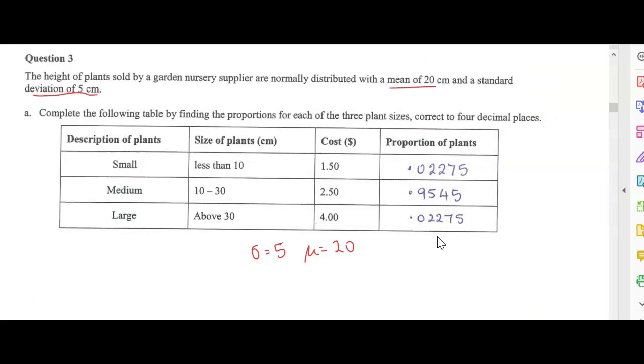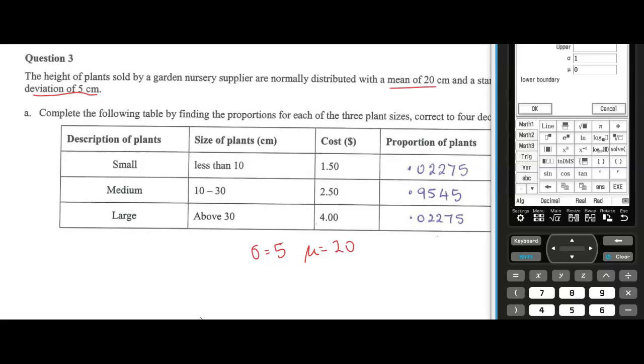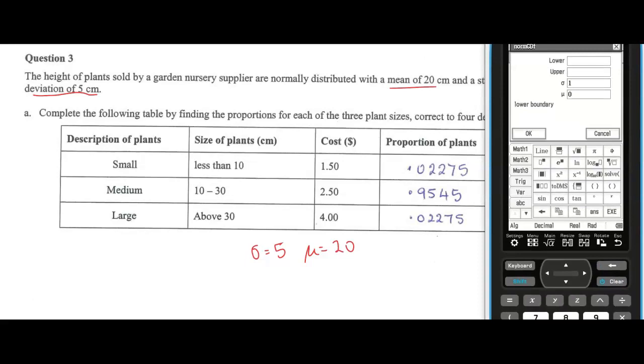All right, so with your normal distribution on your calculator, let me just get it back up. For the first one, you can't see the top of my calculator, so let me scroll down. So less than 10. We can't have negative plants, but I'm thinking you'd probably be fine with just doing 0, because 0 is 4 standard deviations from the mean.